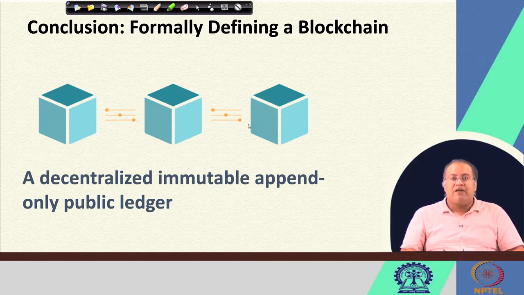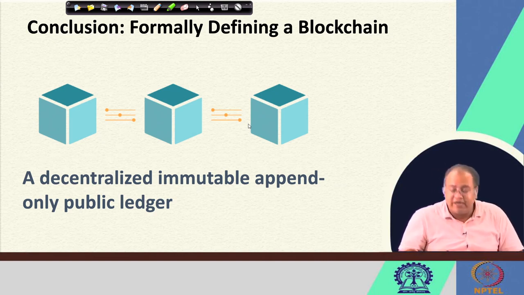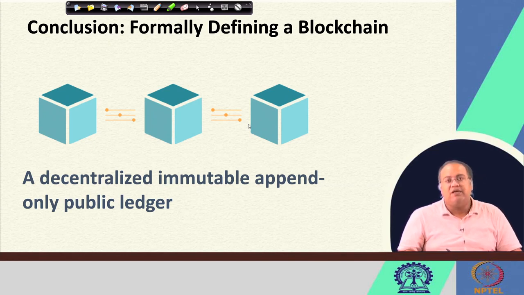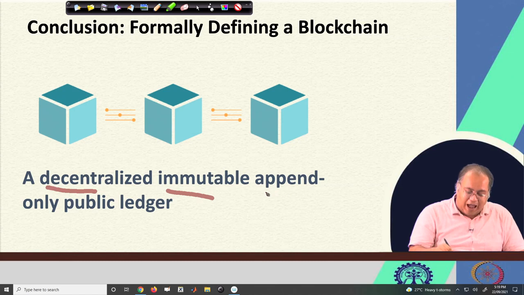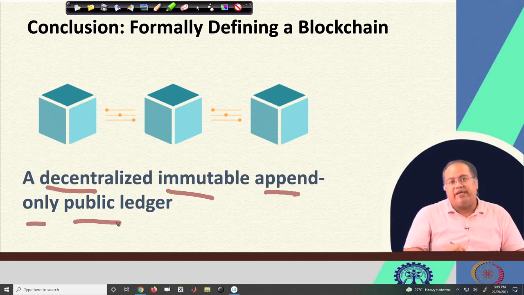It is immutable, which means you cannot make any change to the existing chain. You can only append additional data, which is why it is append-only. This formal definition captures the primary properties of a blockchain: decentralization, immutability, append-only nature, and public information. These four keywords tell you the entire property that a blockchain supports.